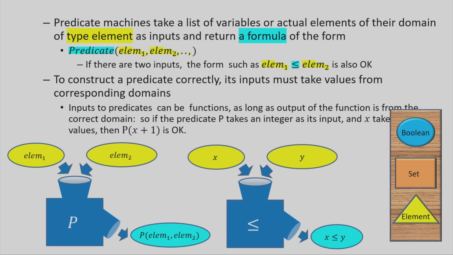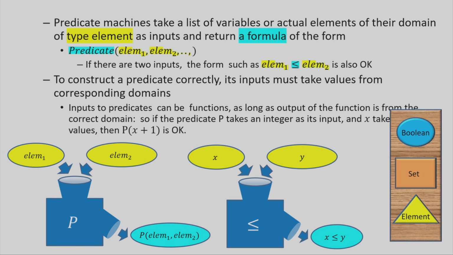So for example, it can be predicate P, you have element 1, element 2, and you output P of, in parentheses, element 1, comma, element 2. Sometimes when predicates are binary, such as less than, it outputs something in a slightly different format.